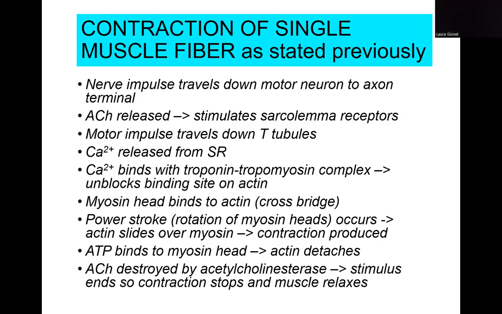And the degree of calcium is really controlled at that neuromuscular junction, because when we want the muscle to relax, we're going to stop releasing that acetylcholine, and once that happens, then we no longer send the signal down the transverse tubule.